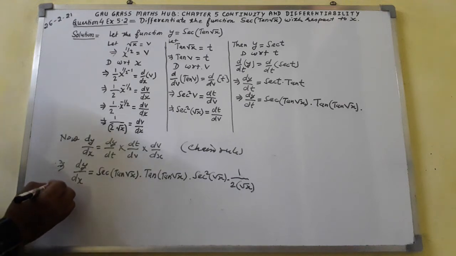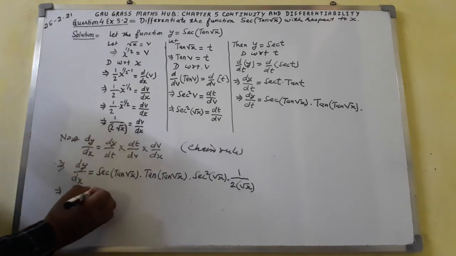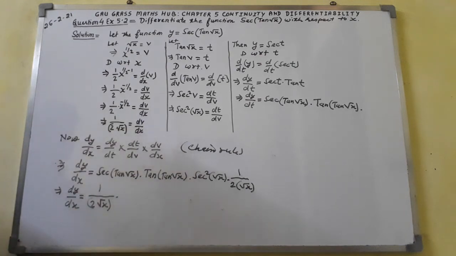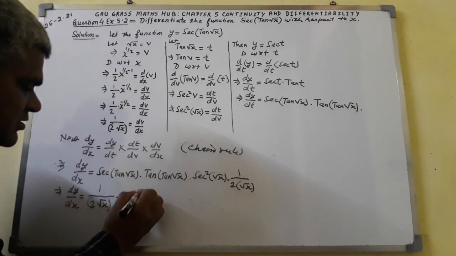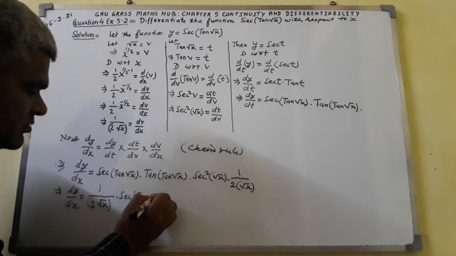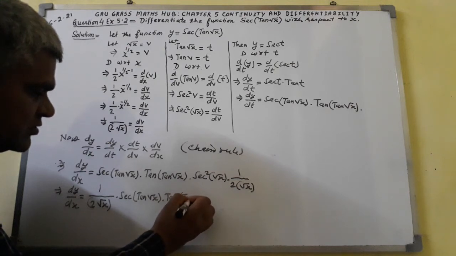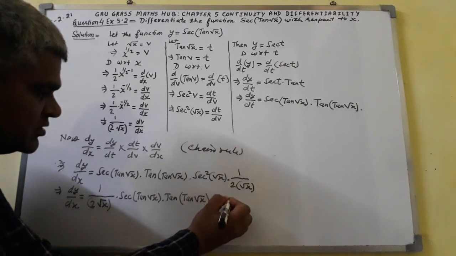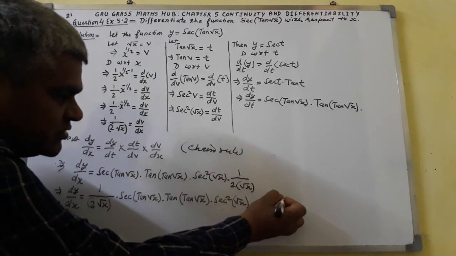Now repeat once again. Now I shall write dy/dx is equal to 1 over 2√x times sec(tan √x) times tan(tan √x) times sec square(√x). This will be the correct answer of this question.